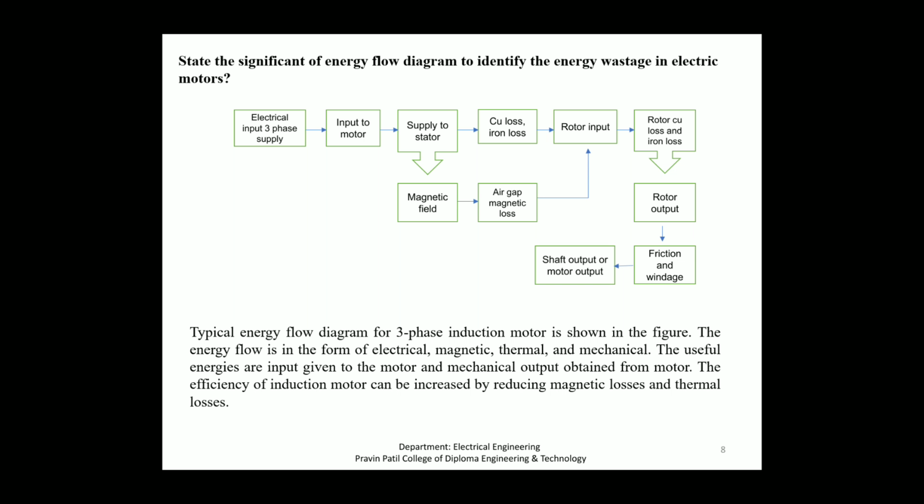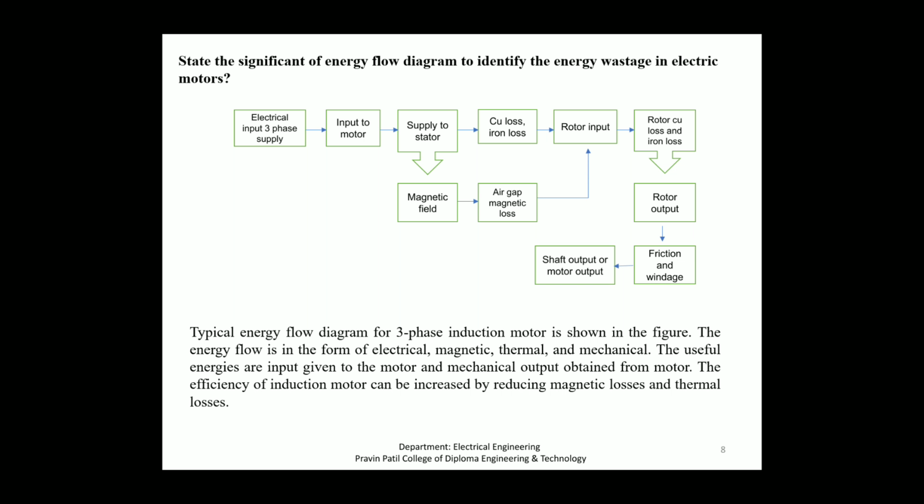Therefore, the rotor input has to supply this rotor copper loss. After supplying the rotor copper losses, the remaining part of the rotor input is converted into mechanical power. Now, this mechanical power developed is given to the load by the shaft, but there occur some mechanical losses like friction and windage losses.